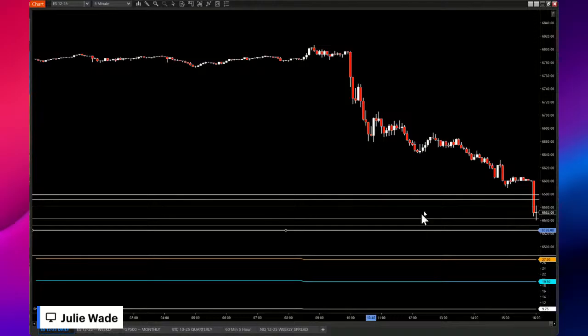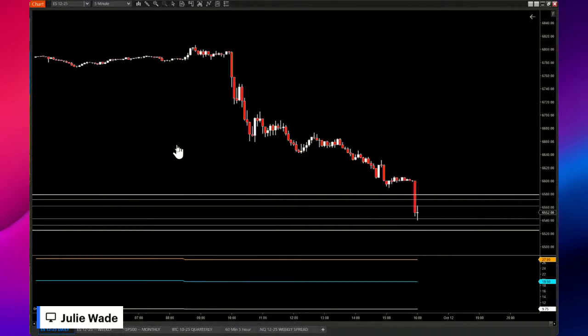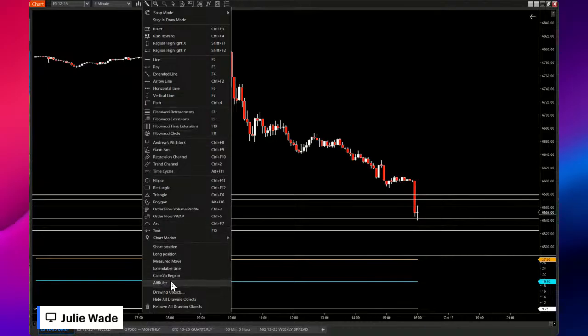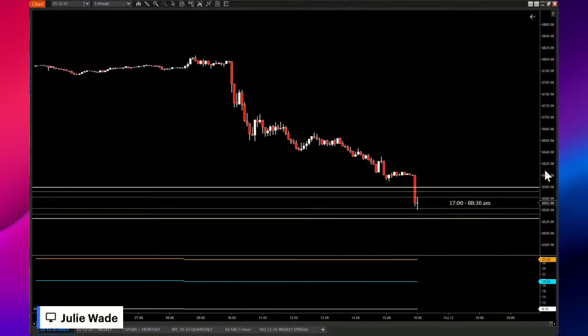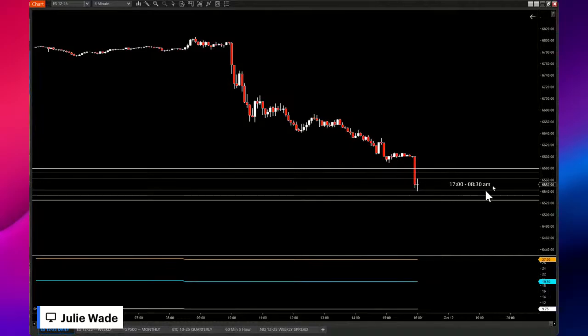And inside would be the normal range expected between 17:00 and 8:30 a.m. Now, granted, we're in extraordinary ranges, but I'm definitely looking for one if not both boundaries to be reached.